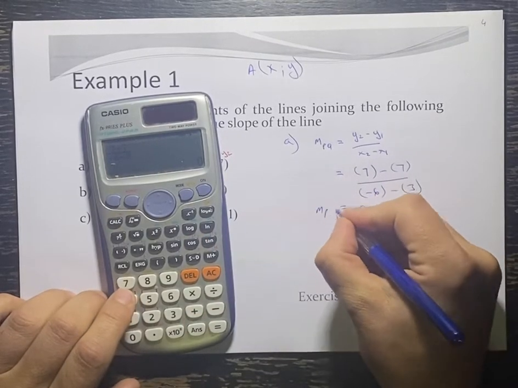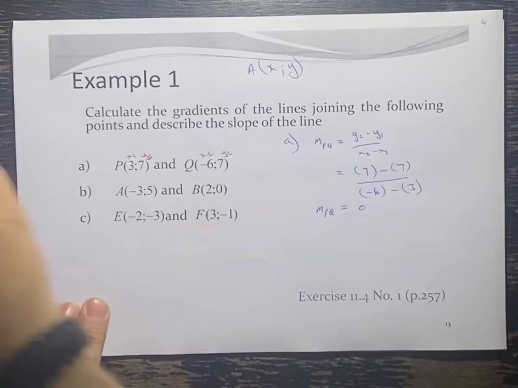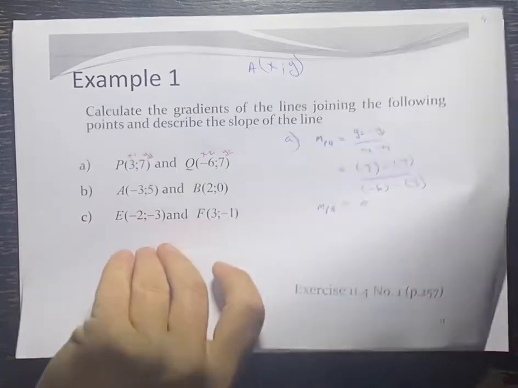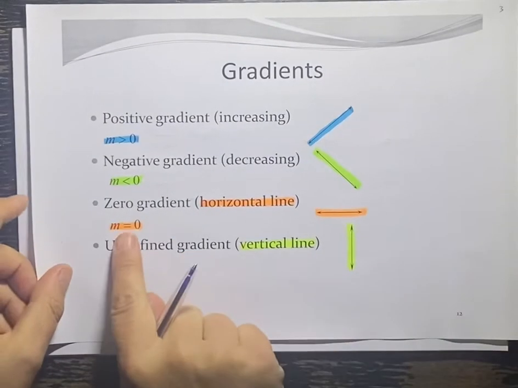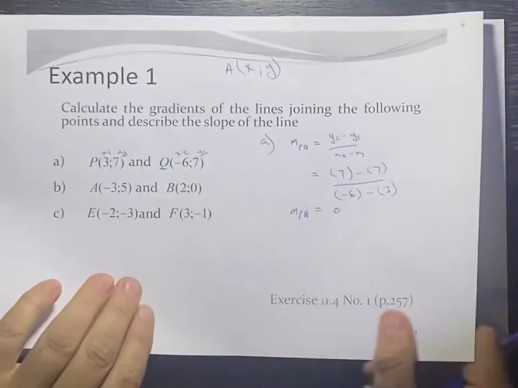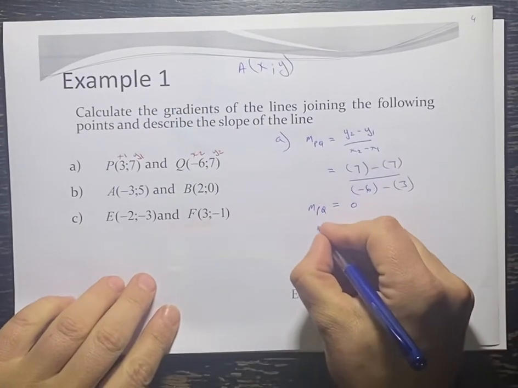So the gradient of the line joining PQ is 0. Remember, if you have a zero gradient, you have a horizontal line. So therefore this is horizontal.